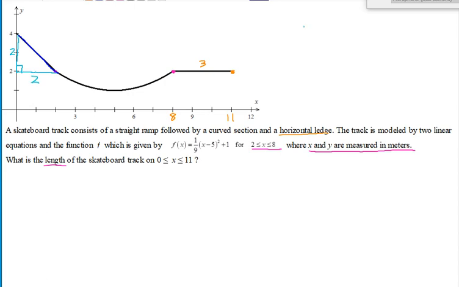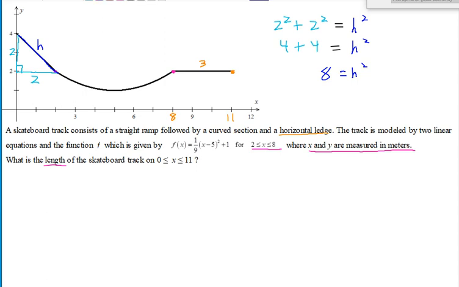You could say, if we called this, I don't know, h for hypotenuse, you could say 2 squared plus 2 squared equals h squared, which gives you 4 plus 4 equals h squared. So h squared would equal 8.